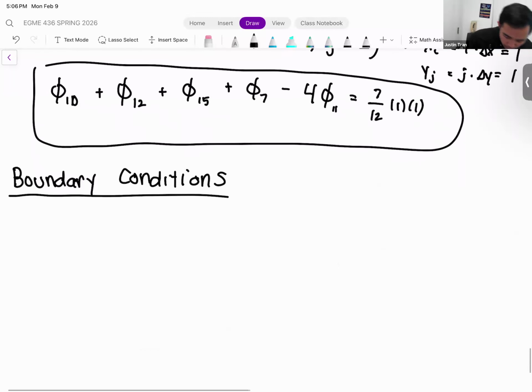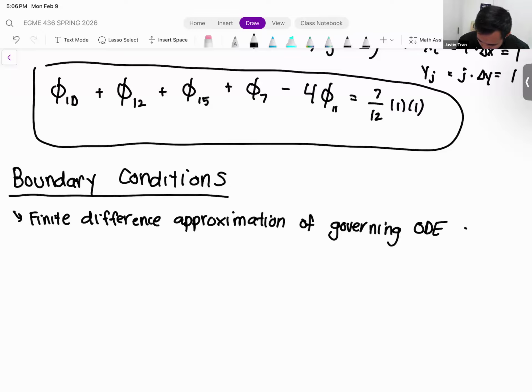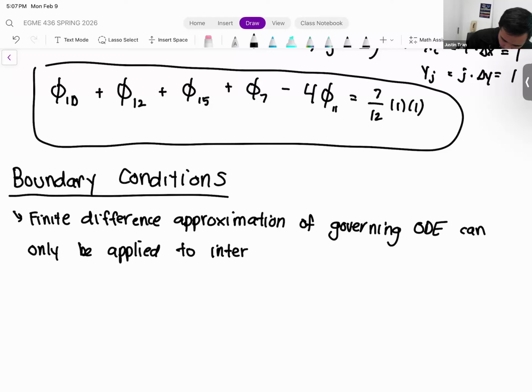So the finite difference approximation of your governing differential equation can only be applied to what we call interior nodes, nodes that have a neighbor on every single side.